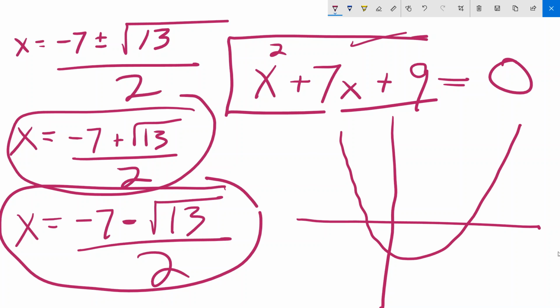Okay? Here's our 2 zeros. One of them is minus 7 plus root 13 over 2. It's the x value. This one over here is minus 7 minus root 13 over 2.